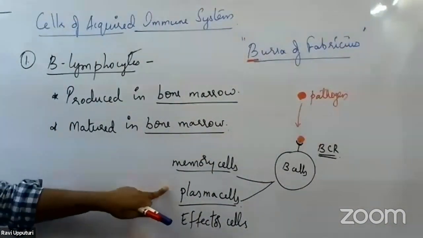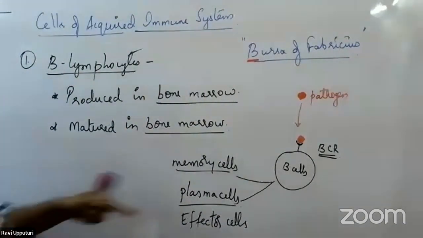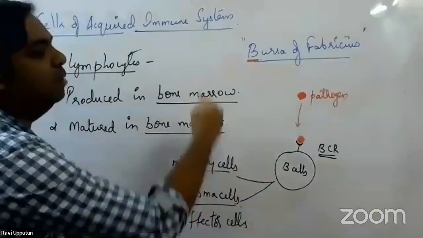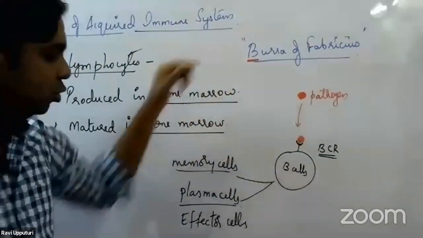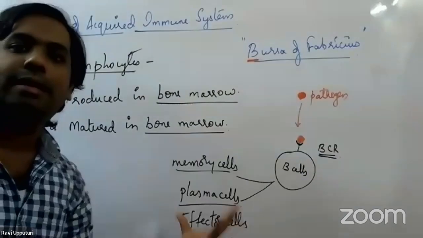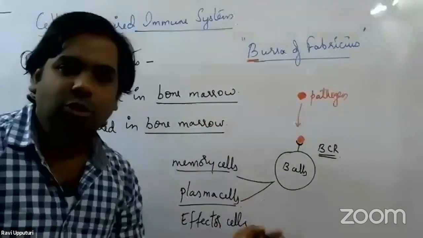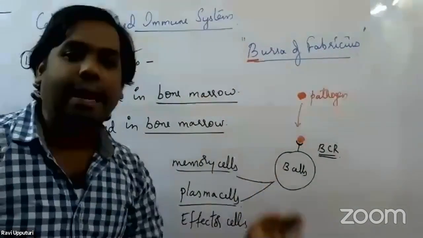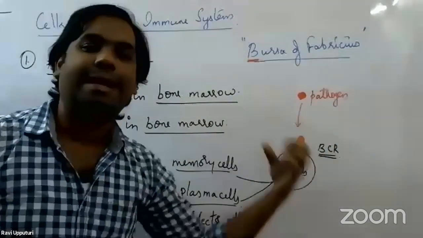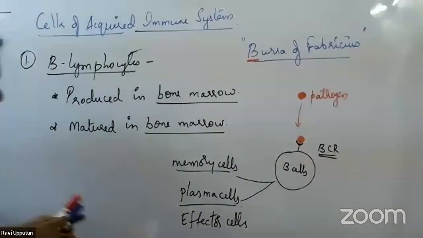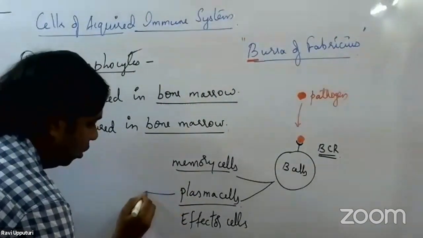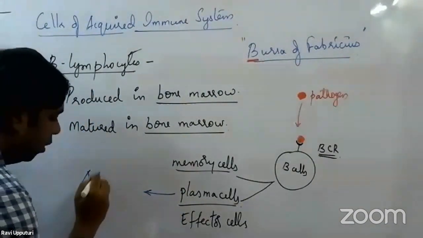Now, this plasma cell or effector cell, based on the type of antigen or pathogen that has entered the body, will start synthesizing something called antibodies.